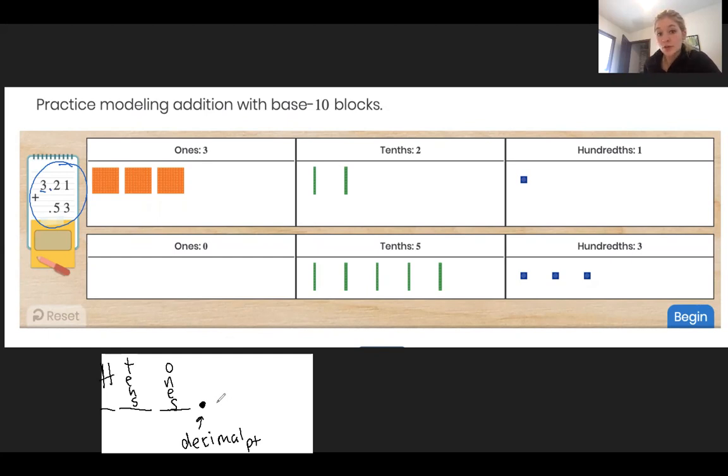And then if you go to the right of the decimal point, meaning that you're going to go below zero, you're talking about the tenths and the hundredths. Remember, it's just the same as tens and hundreds, except you're getting rid of the D and you're just adding a THS.